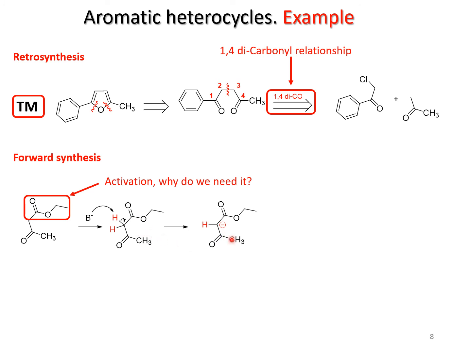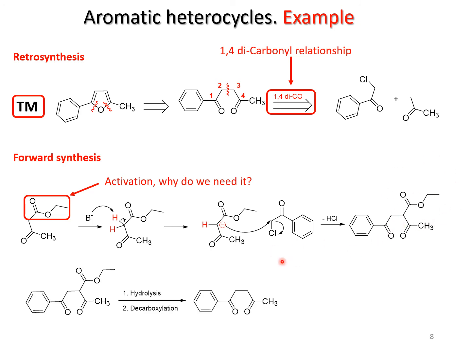We can create an anion, and then using the other synthetic equivalent, we can do an SN2 reaction, and we can form this open structure. Now we still have this ester group on top. So to form the final molecule, we have to do hydrolysis of the ester group and then the decarboxylation. This is the other thing that I would like you to think about for the in-class material.